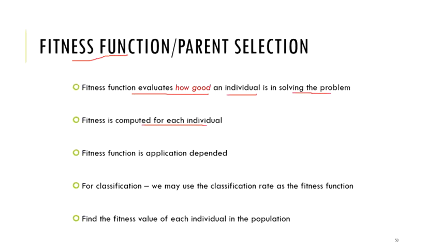It is computed for each individual and it is application dependent. What do I mean by application dependent? The accuracy or the measurement criteria changes by the underlying structure of the problem that we have. If it is maybe a rent generation or a cost of a home generation, it would provide me with a numerical value or a real number.